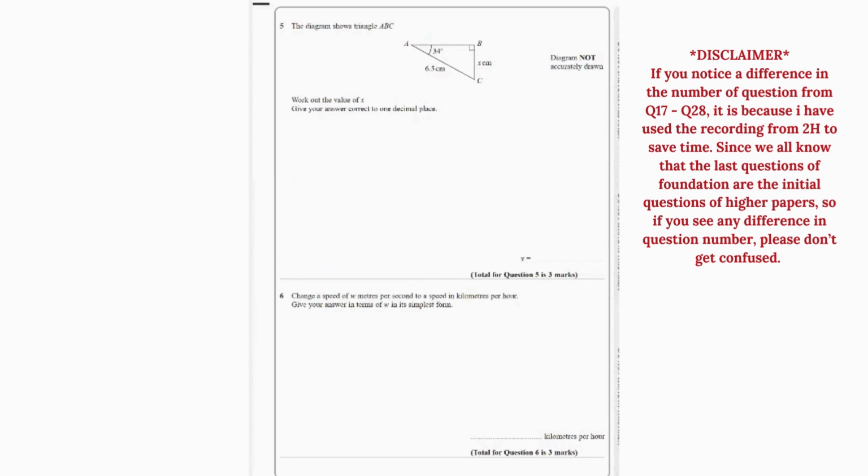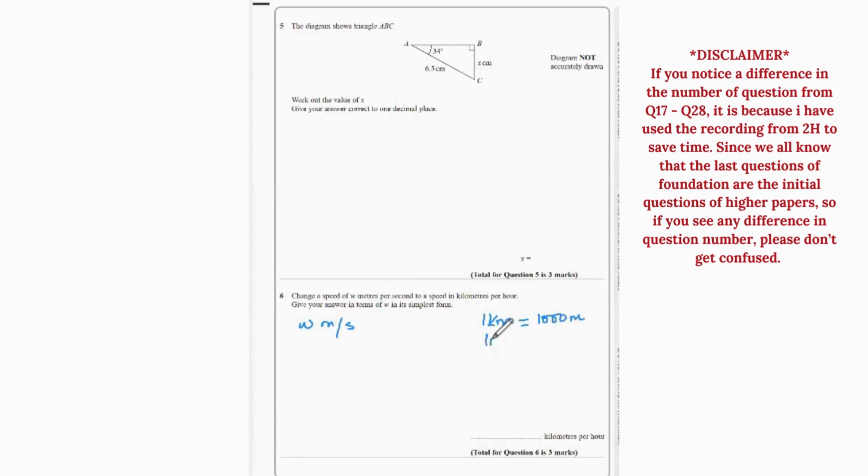Then it says change a speed of w meters per second to a speed in kilometers per hour. Give your answer in terms of w in its simplest form. So we're changing a speed from meters per second to kilometers per hour. So w is meters per second. If we want to change it into kilometers per hour, 1 kilometer equals 1,000 meters.